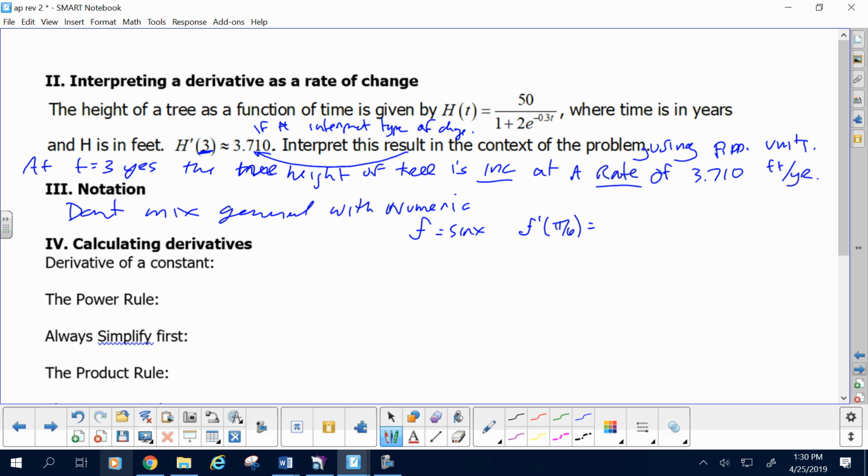If somebody wrote this, oh, that's cosine of x, which is cosine of pi over 6, which is root 3 over 2. Good or bad calculus? Bad calculus. This is cosine generally, this is cosine specific, that's bad. The way we typically avoid that is an evaluation bar. You say, hey, that's the derivative, so you can check that I know that, and I'm about to put in pi over 6, okay?